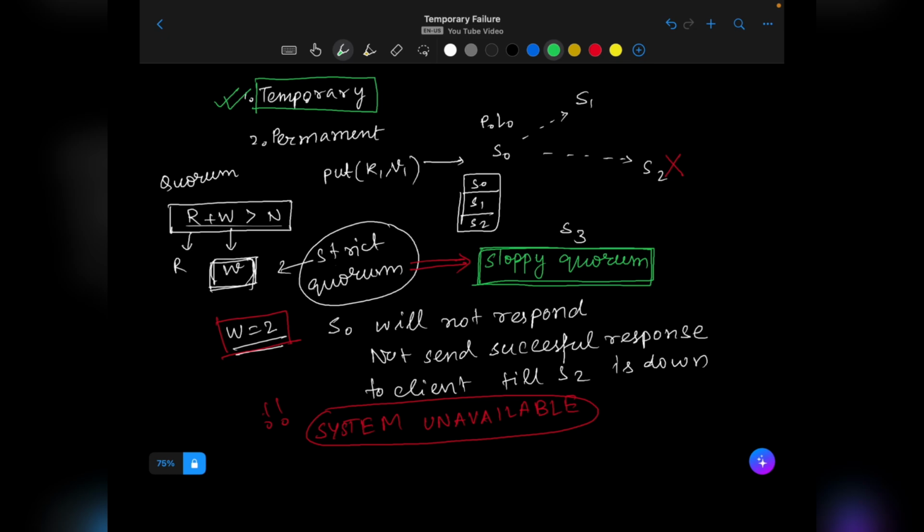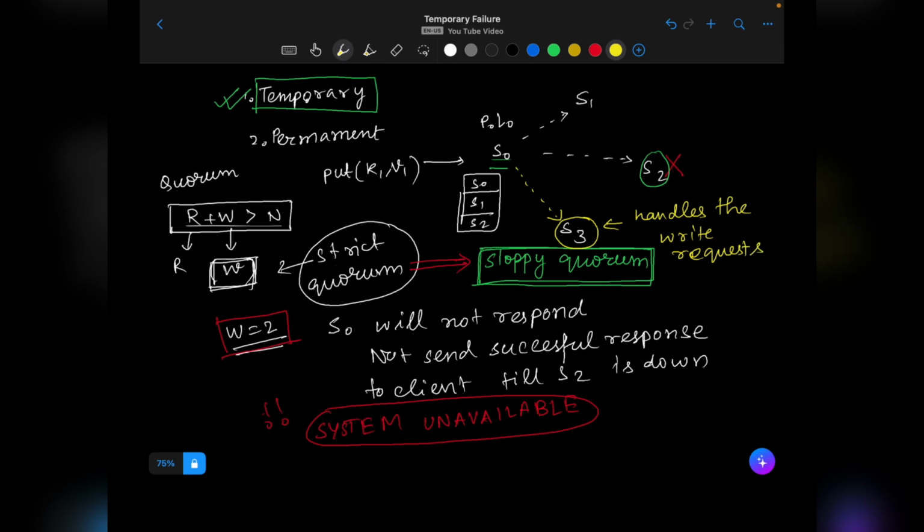Since we are performing a write operation, we will look at the example from a write point of view. Suppose S2 is down and S0 requires W healthy servers to send a successful response. For the time being, it sends the write request to S3, and S3 handles the write request and sends the acknowledgement to S0. S1 is performing as usual and sends its acknowledgement to S0.